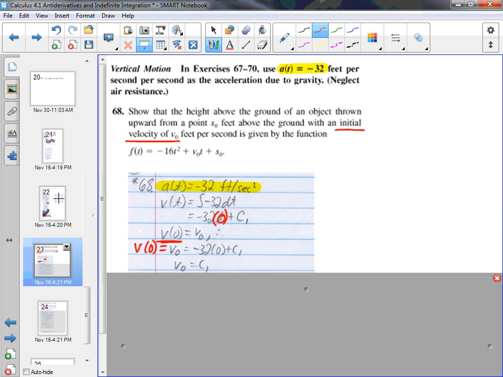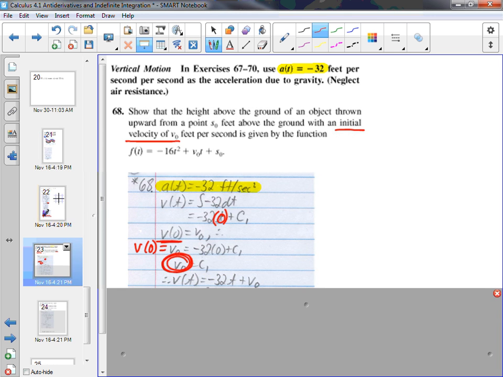So this is kind of weird. When we call something a particular solution, we expect to only have the t in this case, or x in many cases, and everything else is a number. Well, we still have the t, but instead of writing c1, what are we now going to write? v0.